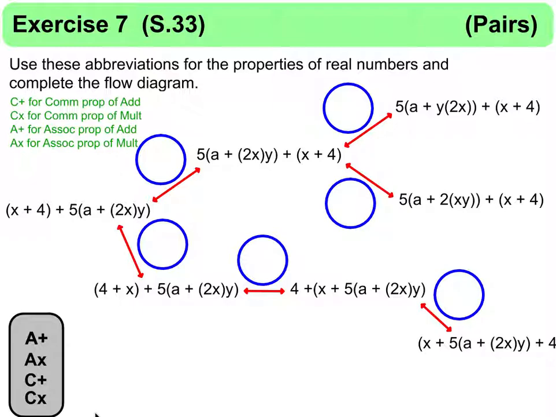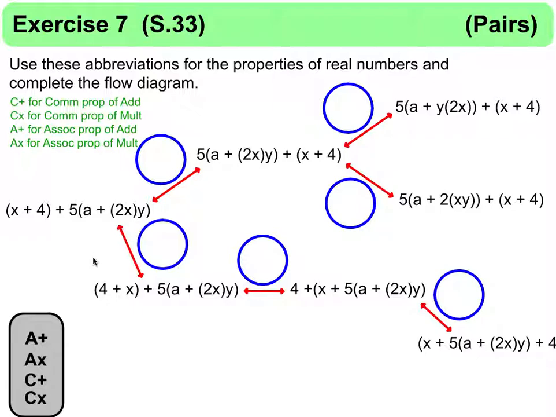Do you believe it is the commutative property for addition, commutative property for multiplication, associative property for addition, or the associative property for multiplication? And when you think you have a theory on what it may be, then you can come back and press play and see how you did in this particular design.